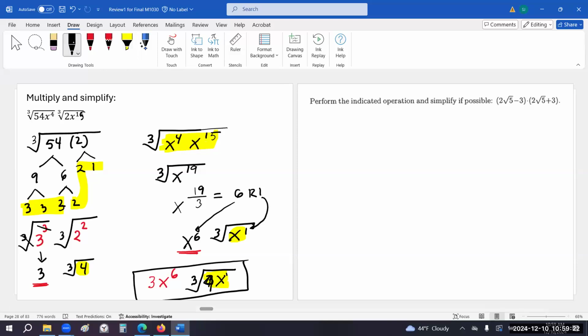Okay, now comes multiplication. 2 square root of 5 minus 3, times 2 square root of 5 plus 3. What do we do?